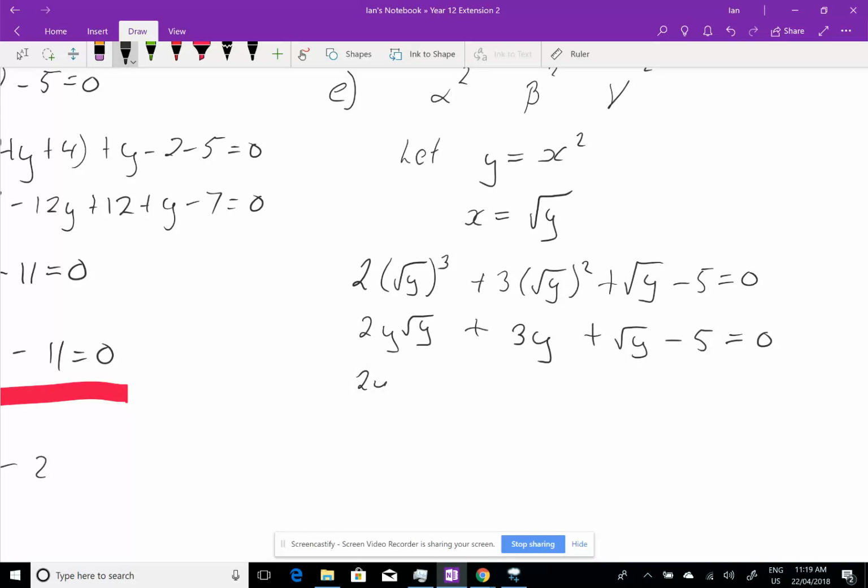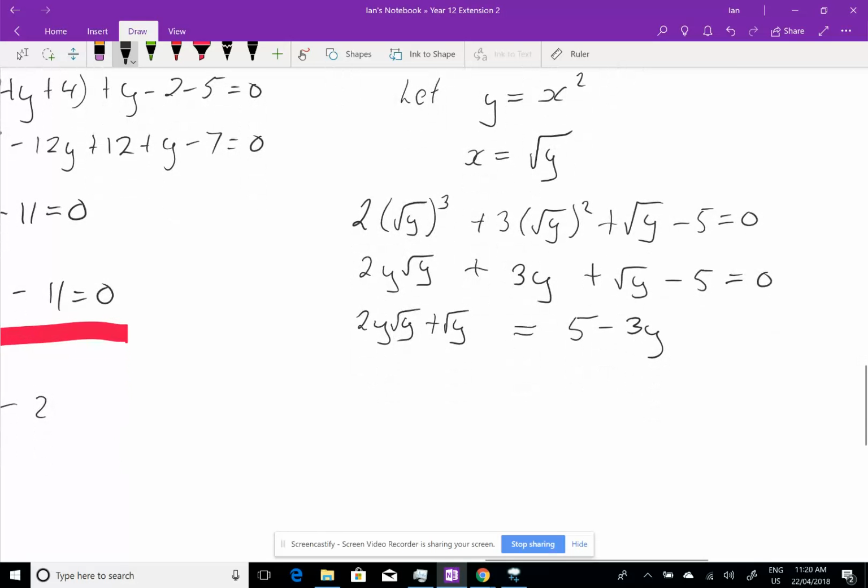So we get 2y root y plus root y. And we'll put that other stuff on the other side. So we'll take the 5 over and we'll minus the 3y. I'm going to take out the root y. So I'm going to have root y times (2y plus 1) equals 5 minus 3y.